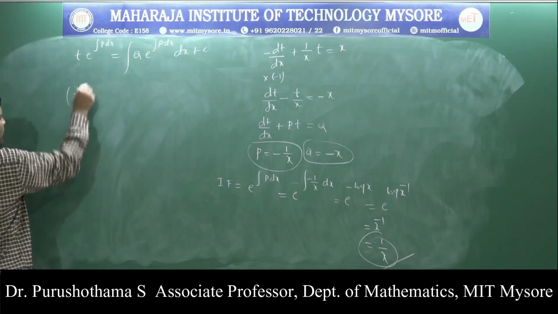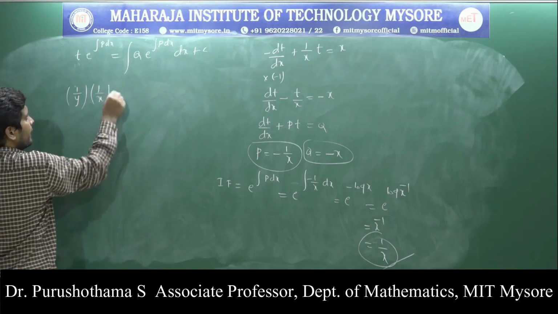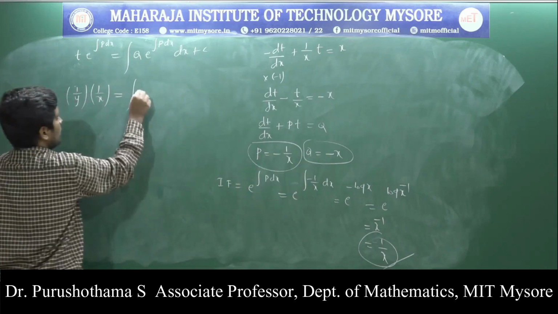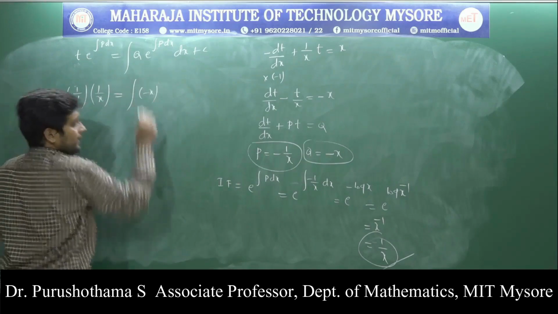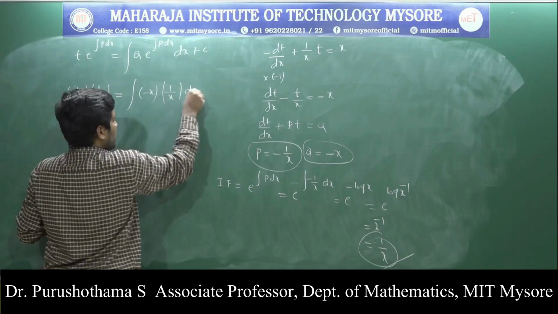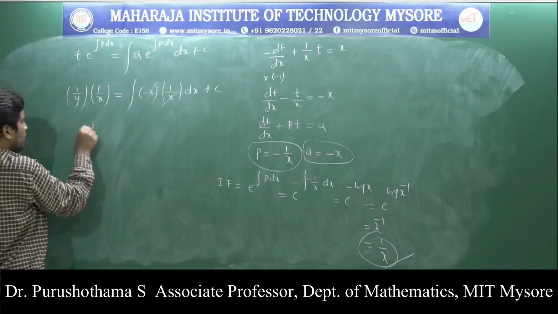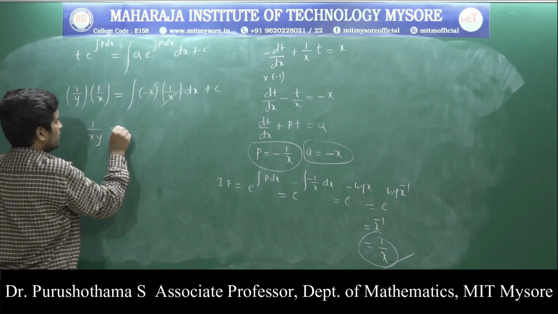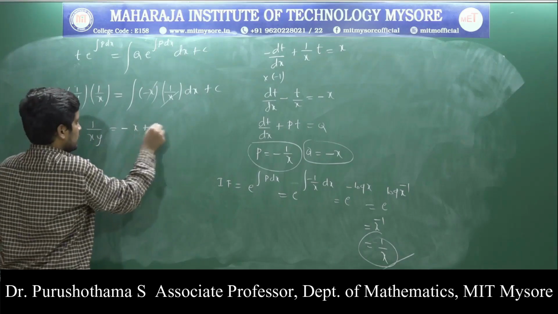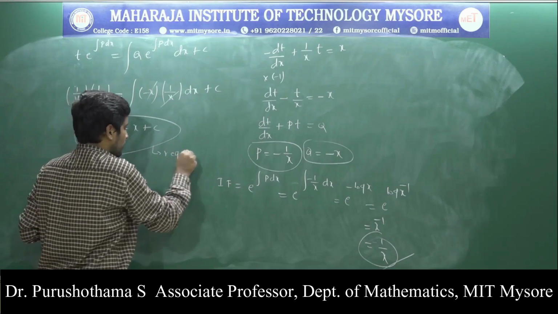So 1 by y into the integrating factor 1 by x is equal to the integral of q, which is minus x, into the integrating factor 1 by x with respect to x plus c. The x's get cancelled. Finally, 1 by x into y is equal to the integral of minus 1 with respect to x, which is minus x plus c. This is the required solution.